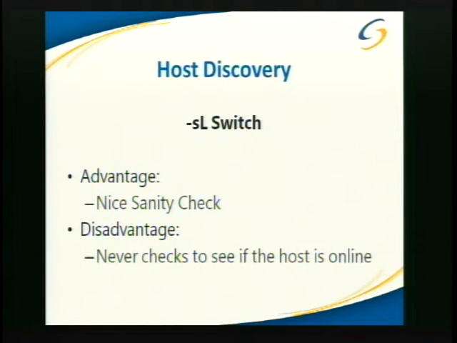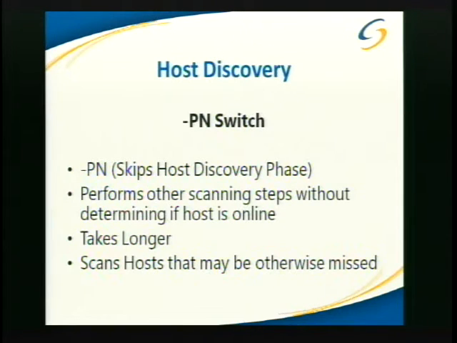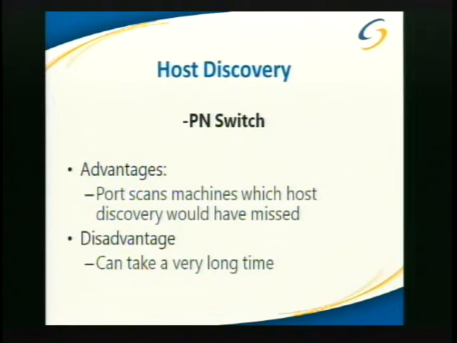And then the final host discovery option that I'm going to talk about is the -PN option. This one tells Nmap to skip the host discovery phase. Assume every machine that I provide you in the targets list is online and just scan them all. Advantage: it makes sure every machine is going to be scanned.